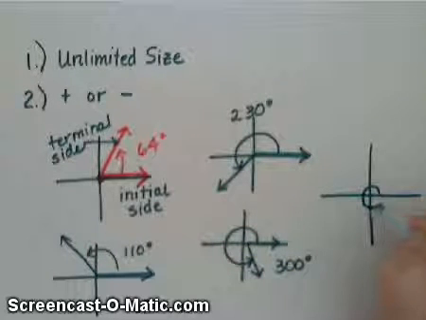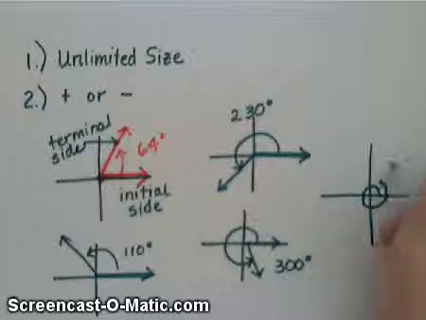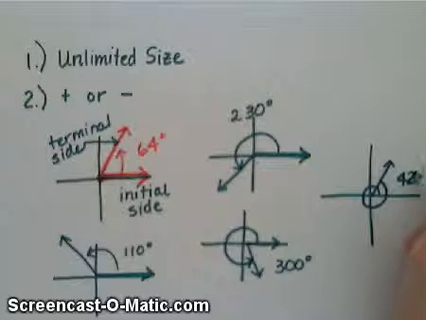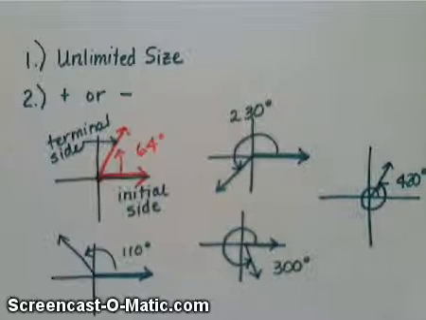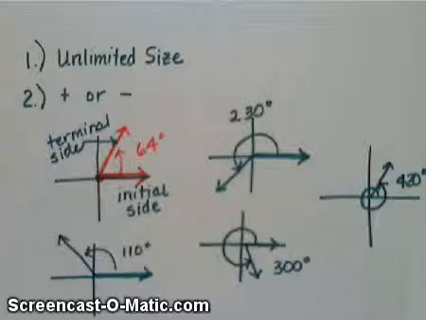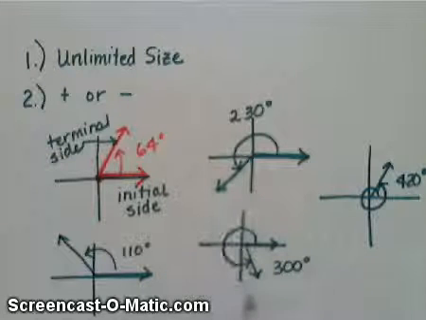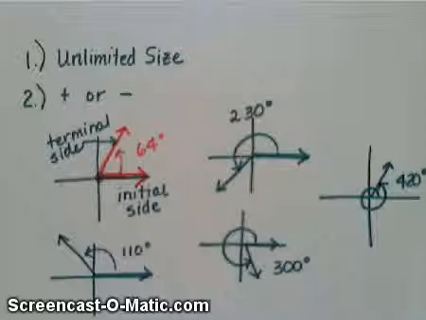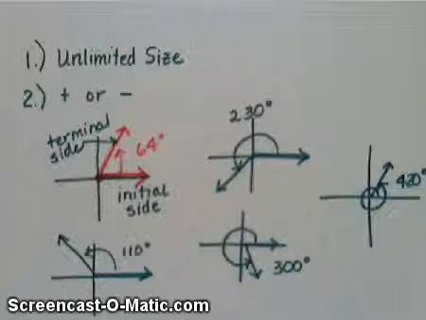So once around is 360 plus back about 60 more. Let's call this 420 degrees. So we have an unlimited size of our angles because we can just spin around and around and around. We are no longer talking about just two rays that we put together, but rather we're talking about rotation, and this has numerous applications in the sciences.